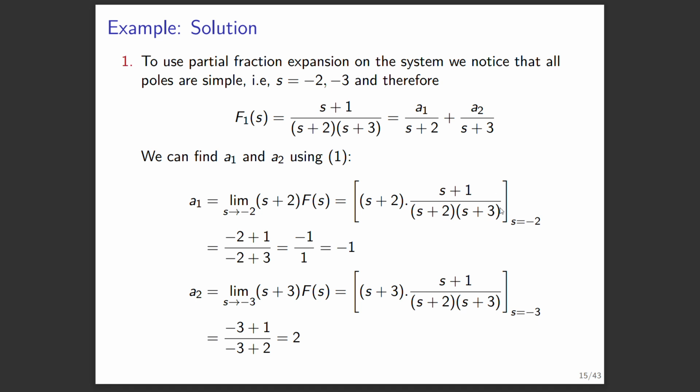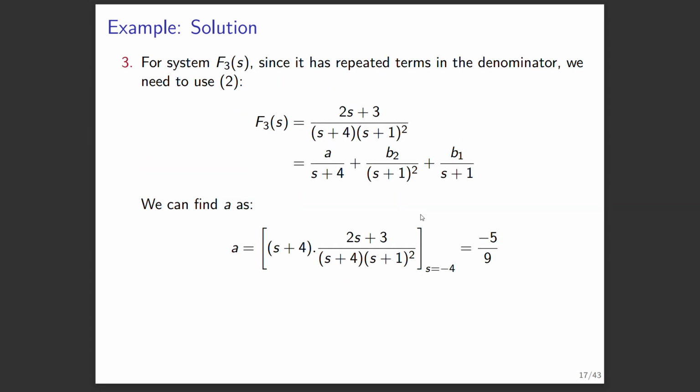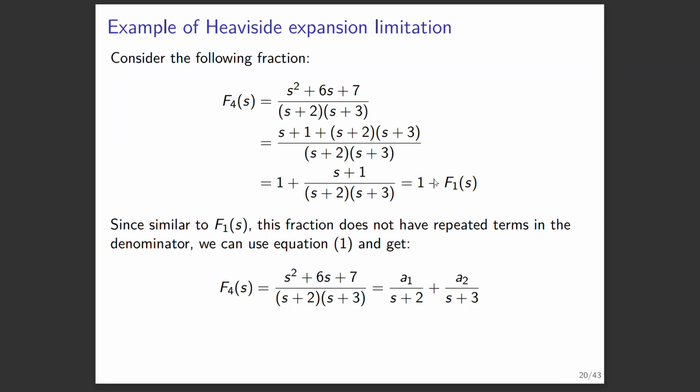And we solved it. We realized that if I break f1, I'm going to have negative 1 divided by s plus 2, and then 2 divided by s plus 3, right? So I should have 1 plus what I got before.